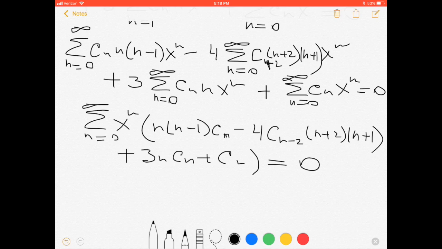And this series needs to equal 0. This means each term will be equal to 0.